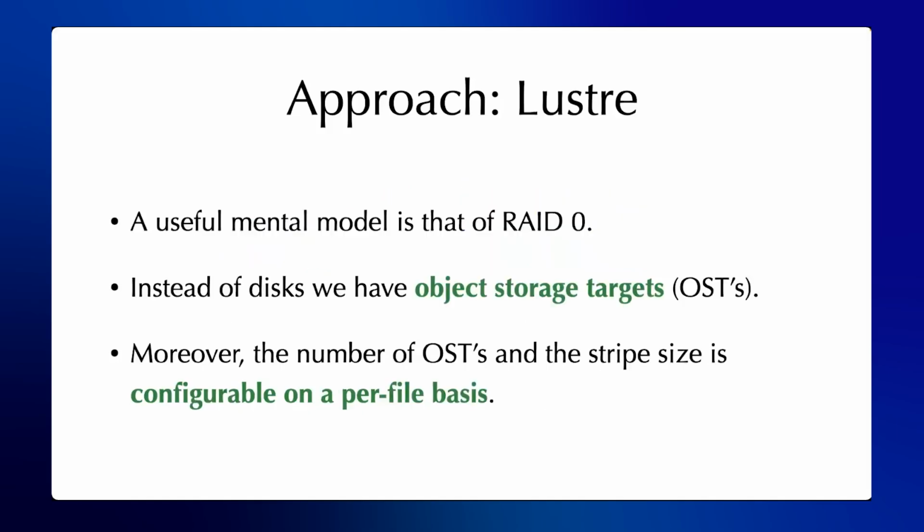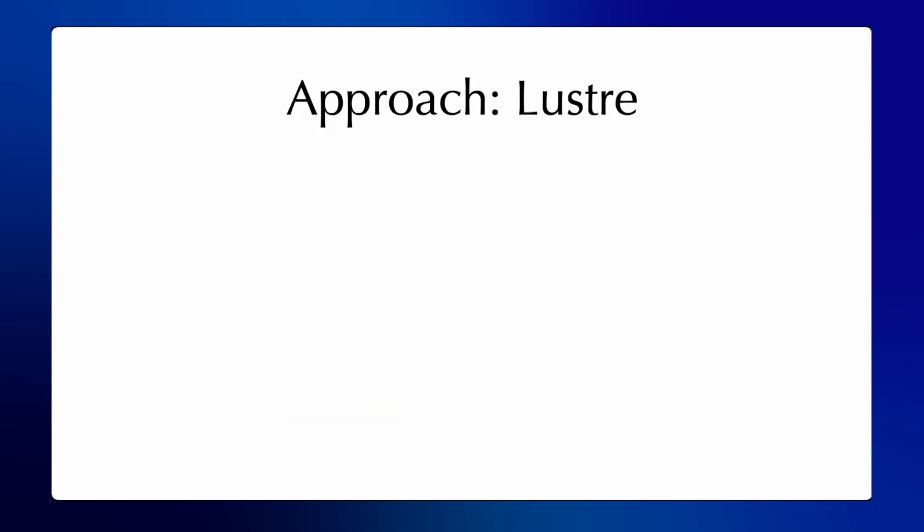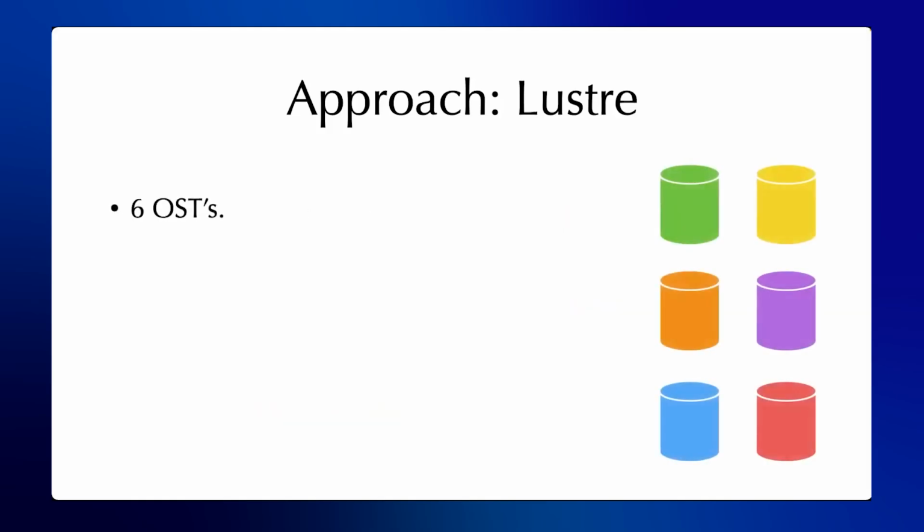Now, the best way of thinking about Lustre in terms of a mental model is RAID 0. So instead of disks, which you'd have in RAID 0, you have object storage targets, or OSTs, and what you can do is change the number of OSTs and the stripe size on a per file basis. So, to give you an example, I have an arrangement with 6 OSTs, 6 disks.